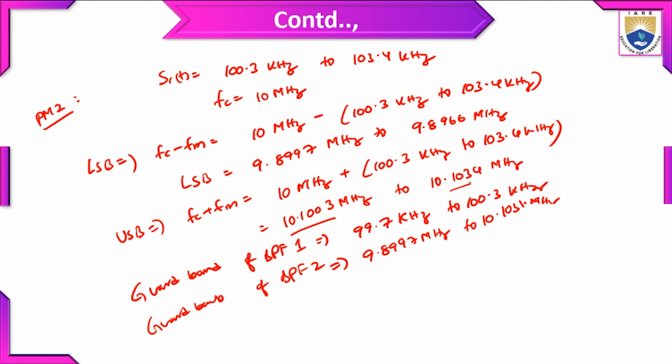So this is the highest and the before one is the lowest. So this is the guard bands of both the band pass filters.